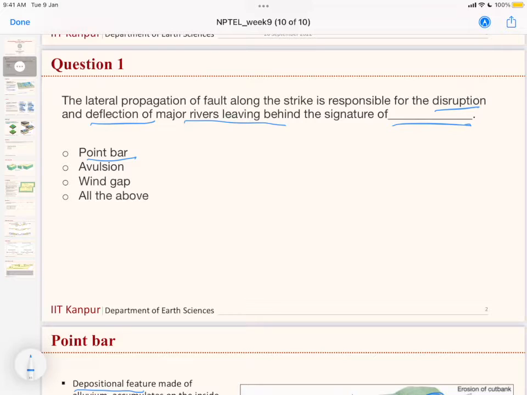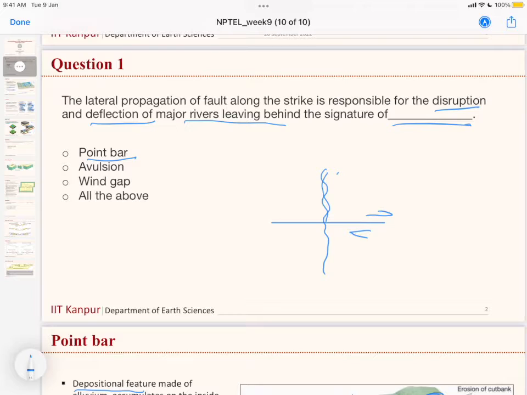Suppose this is the fault plane. Since we are talking about strike slip, it will displace along the horizontal direction. Imagine that the river is flowing like this and continuing its path, but due to the movement in this strike slip faulting, this block moves here and this block moves over here.